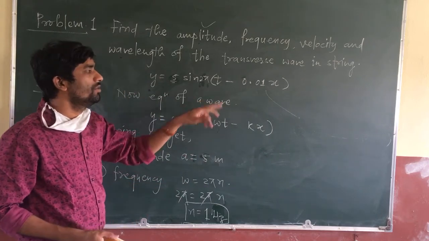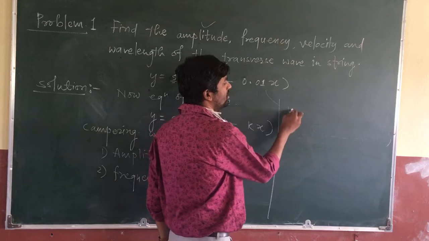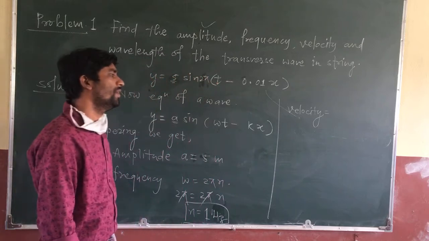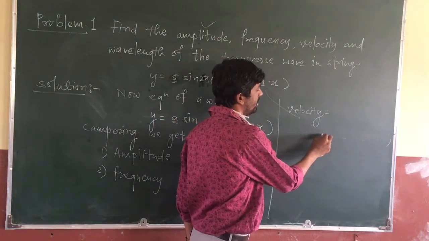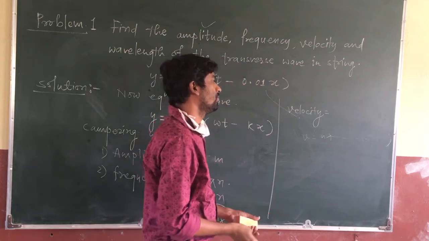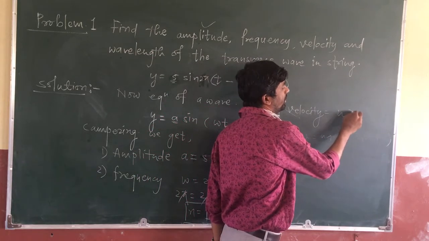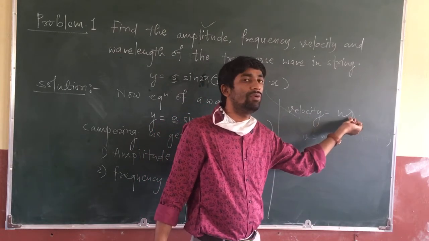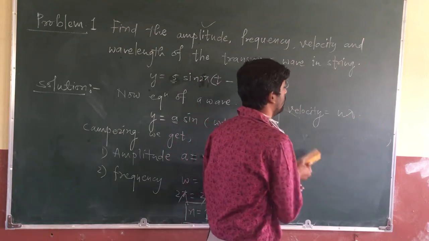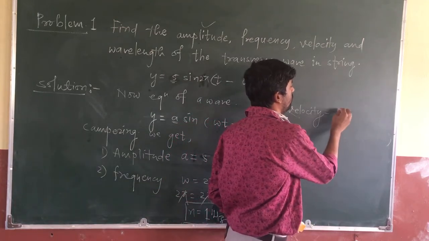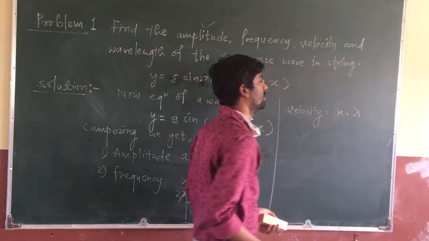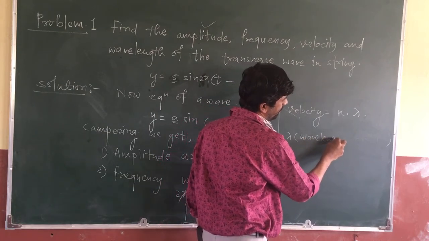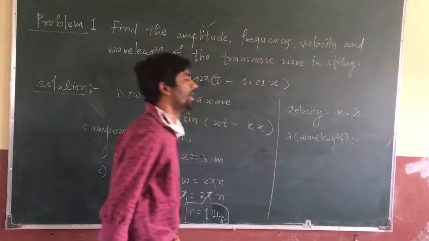What is velocity? Velocity v equals n lambda, that is, velocity equals frequency into wavelength. So for finding the velocity, you need the value of wavelength, because velocity is a product of frequency and wavelength. So first calculate the wavelength. Lambda is your wavelength.